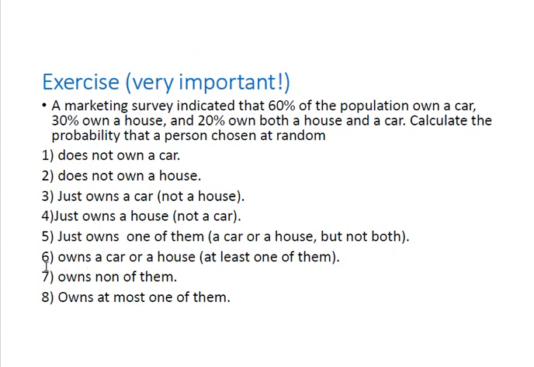Okay, number 6, owns a car or a house, or at least one of them. At least one of them means owns a car or a house or both of them. Look at here, a car or a house, not both, but here we need both of them.